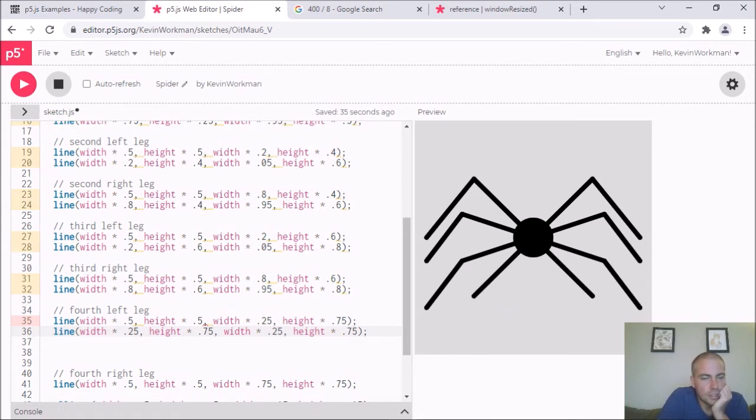So what I actually want is, so why is this red? I'll look at that in a second. So start at the endpoint, and then go from that to width times maybe 0.25. Maybe I'll just have it go straight down. Let's see what this feels like.